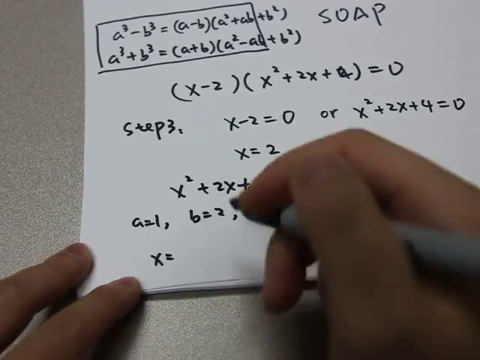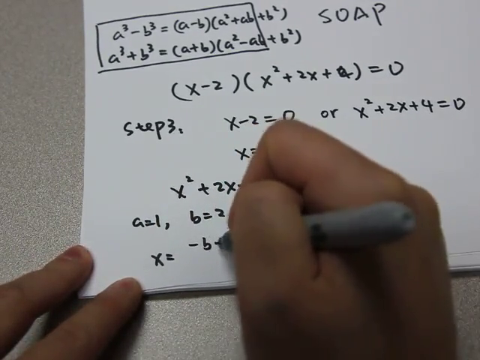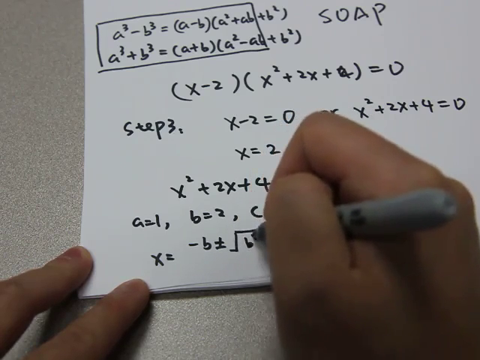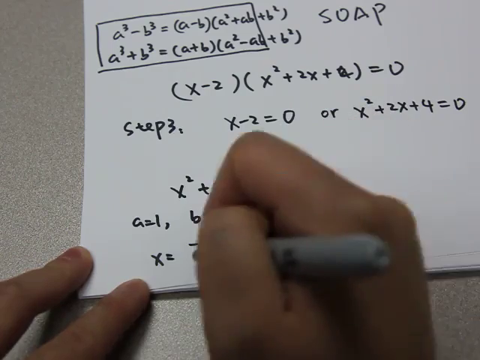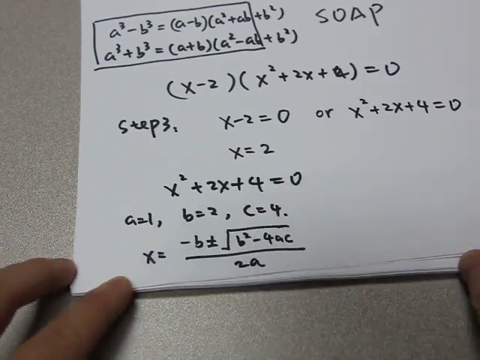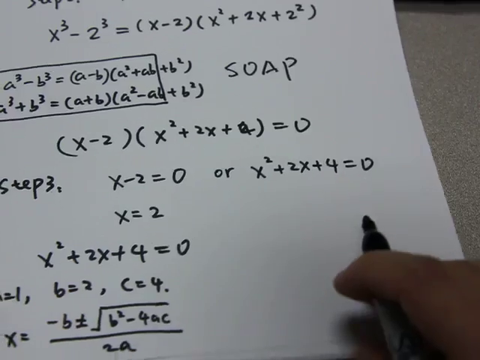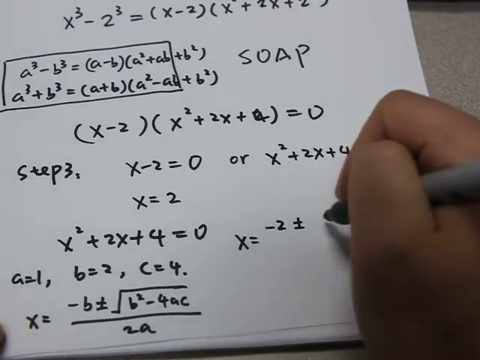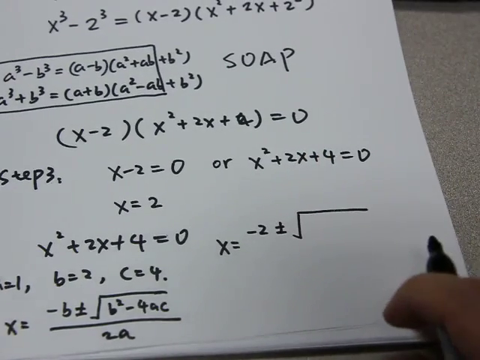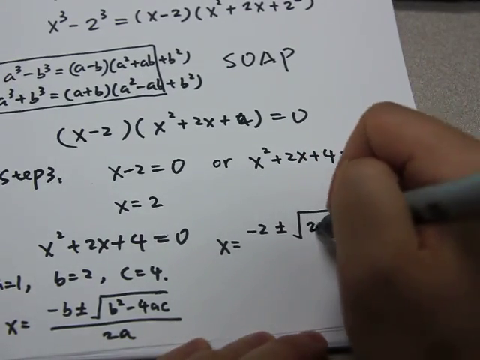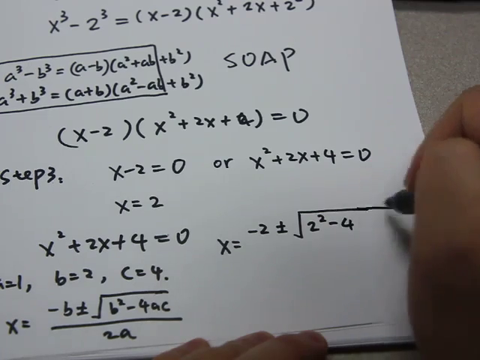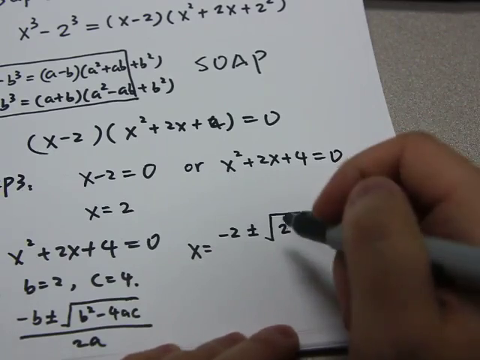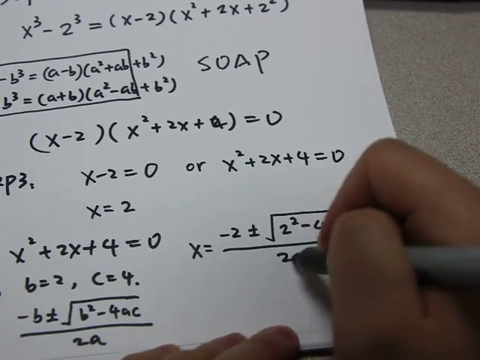So x equals negative b plus or minus the square root of b squared minus 4ac, over 2a. Therefore x equals negative 2 plus or minus the square root of 2 squared minus 4 times 1 times 4, over 2 times 1.